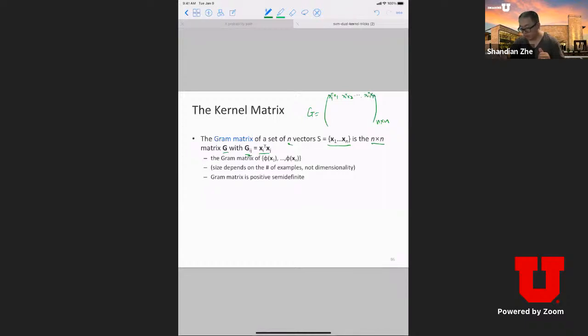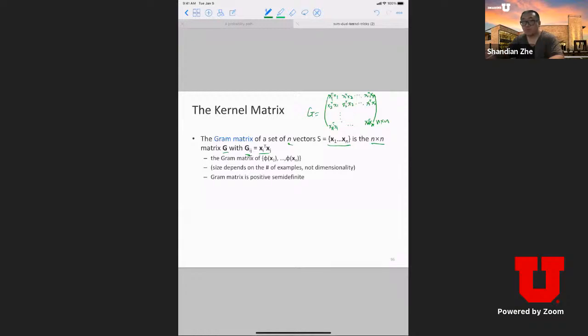The second row starts with x2 transpose x1, x2 transpose x2, until x2 transpose xn. And you can write down everything here, until the last row, xn transpose x1 until xn transpose xn. This is called the Gram matrix.